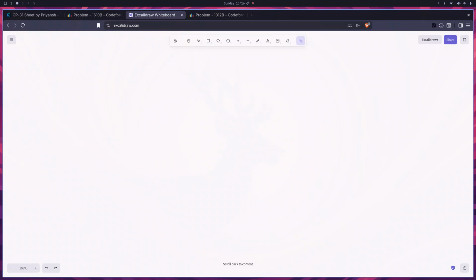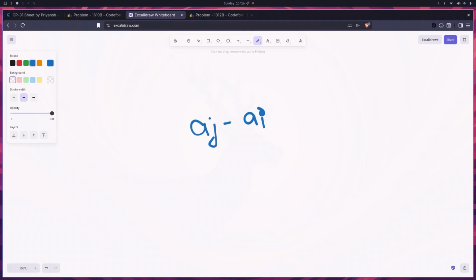So the solution is that when we arrange the elements, we'll arrange them in such a way that the differences, the a of j minus a of I, will become negative. So to make this happen, we need to write an array which is in descending order.